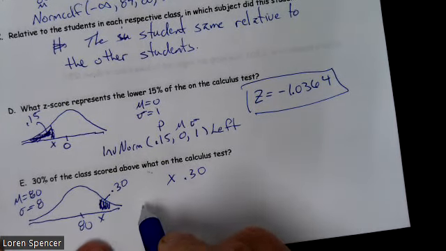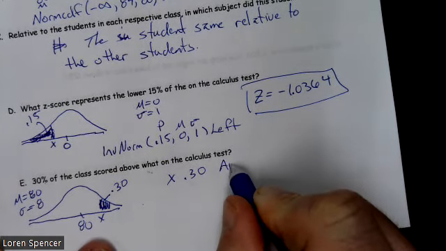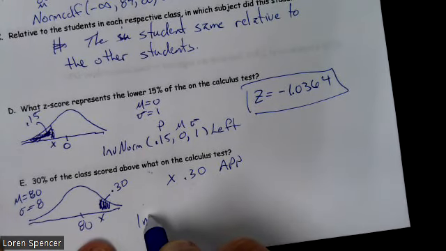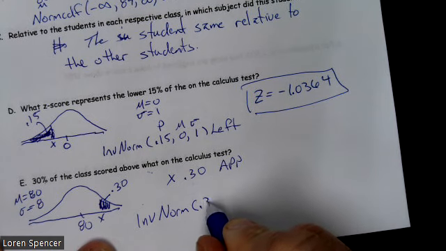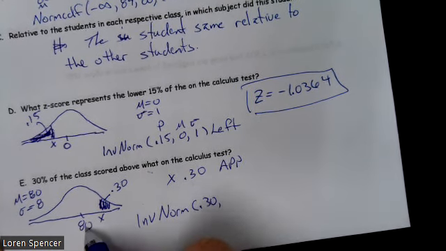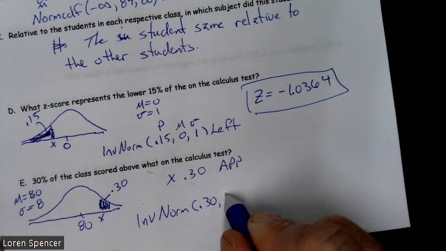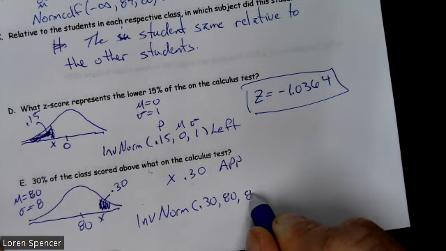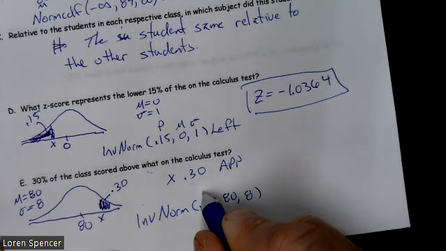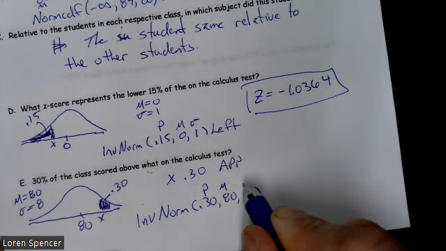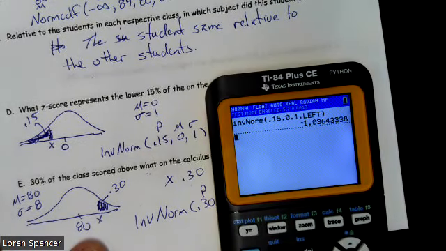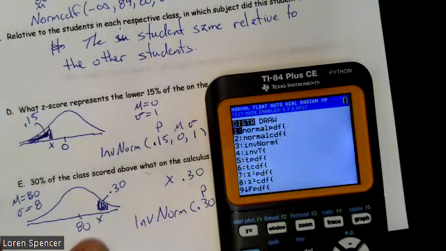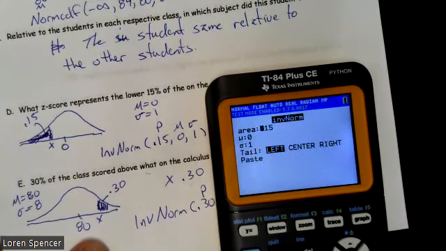If they give you a percent, a probability, or an area, if they give you the area, remember it's inverse norm. So inverse norm, they're asking for the area, which is 0.30. We actually are working with a calculus score, which is 80, and the standard deviation was 8. So percent, there's our mean, there's our standard deviation. Let's figure out what we get. Second vars, inverse norm, 0.30.